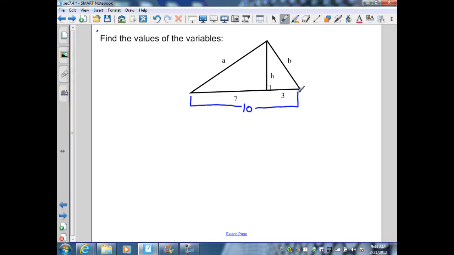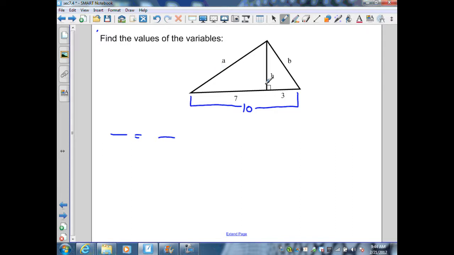Now, I can just start with one of the corollaries. In this situation, given the measure of the hypotenuse and each segment, I can start with either of my two legs or the altitude. I'm going to start with A, but this could be your choice. And I use the corollary related to that segment. Here it is a leg. Therefore, that would be corollary 2. I call it the leg theorem.